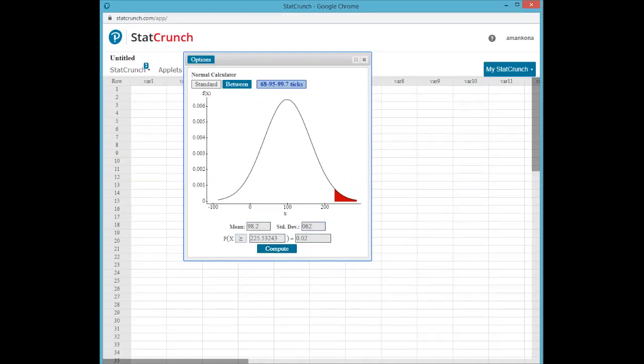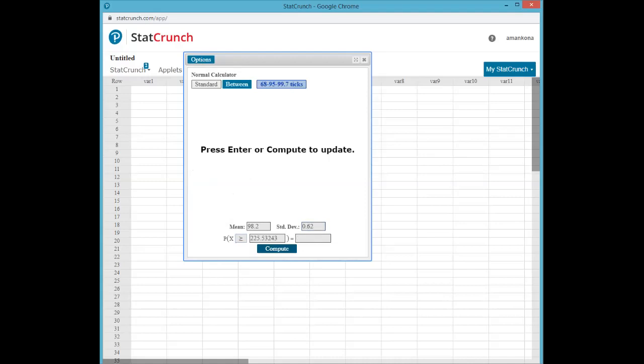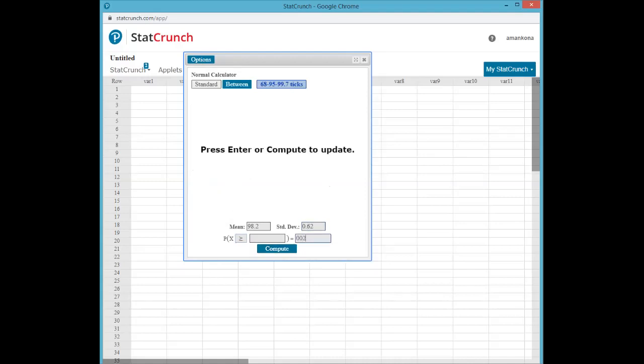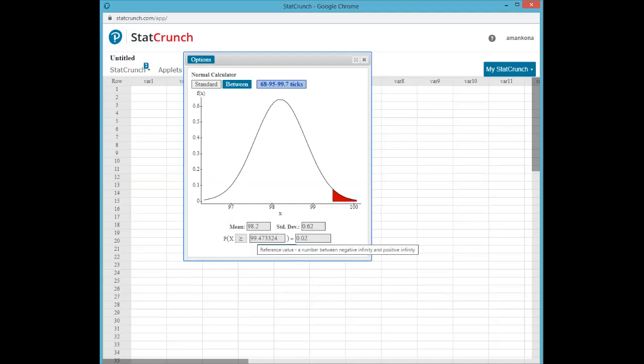0.02. Okay. All right, so look at that value. If you round it to one decimal place, that is what? 99.5. So let's go back.